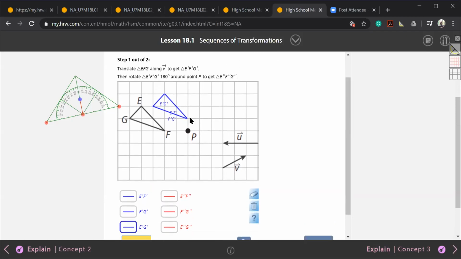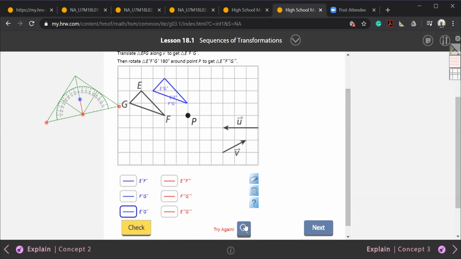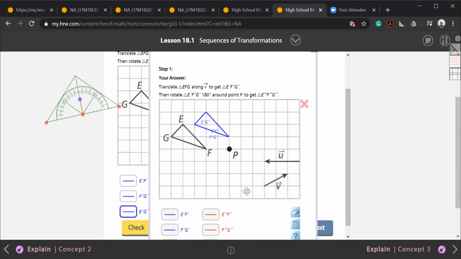So first of all, I have to begin connecting lines. And after connecting the lines, I have to use the protractor, beginning by F prime. I'm going to get this. I want to try to do it again very fast.